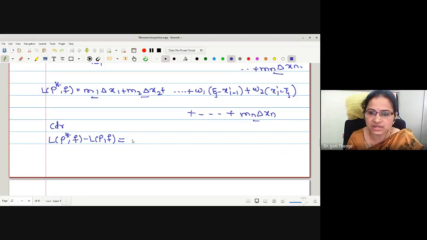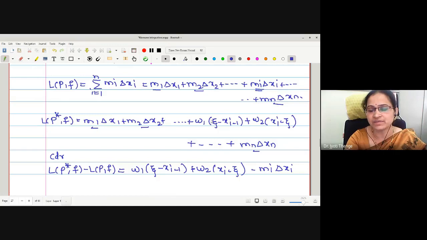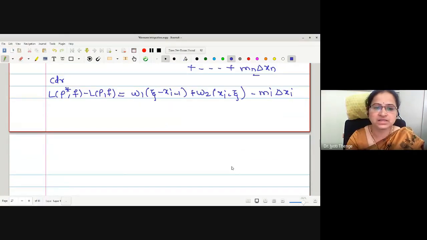So let me write this as W1 into zeta minus Xi minus 1 plus W2 into Xi minus zeta, subtracted by Mi delta Xi. Correct now? All the remaining values are going to cancel one another. The only problem is for the ith subinterval, and these two values we have written for the ith subinterval.